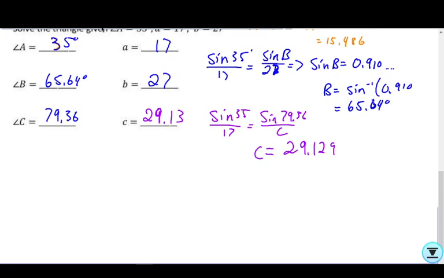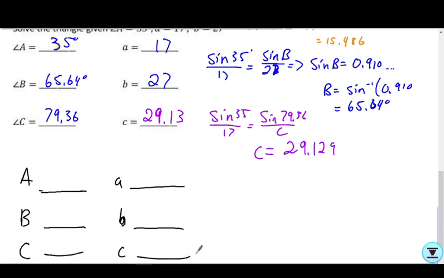So our second solution: A, B, C, little a, little b, little c. Okay? So this is our second solution. We start off with the exact same three pieces of information: 35 degrees, 17, 27.